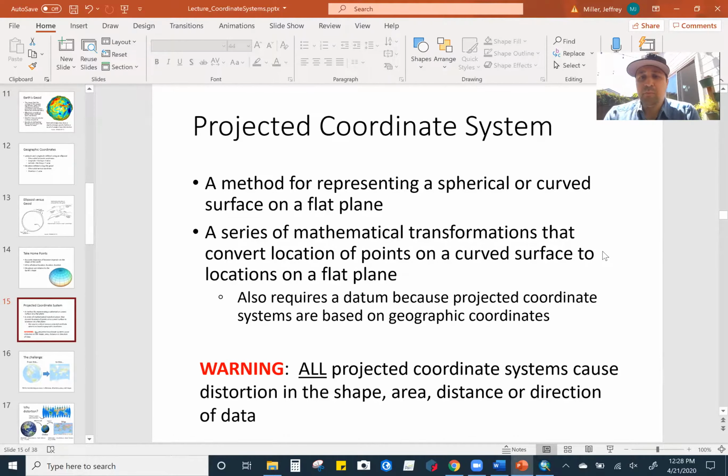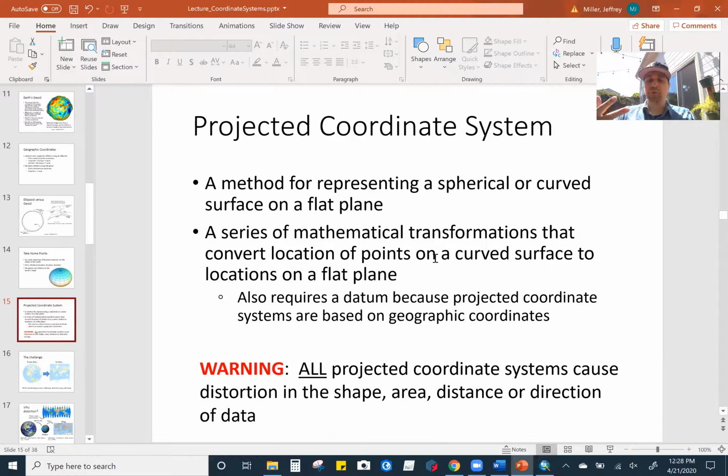When we take a spherical or ellipsoidal shaped thing with curved surfaces and make it flat, just like any map you've seen printed on a wall, something called distortion occurs, because when you take something three-dimensional and flatten it, not all parts remain equal. So a mathematical transformation has to occur to convert the locations of points on a curved surface to a flat plane.